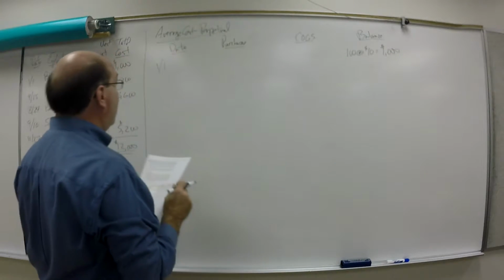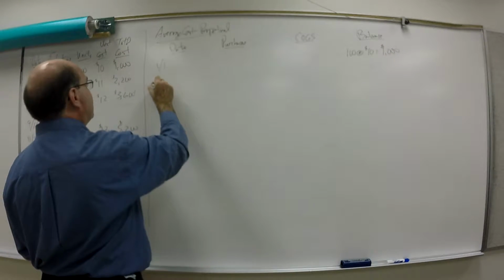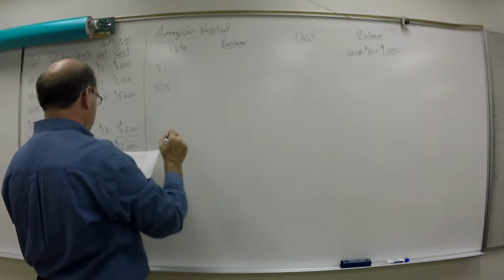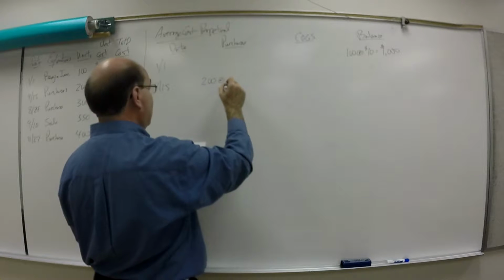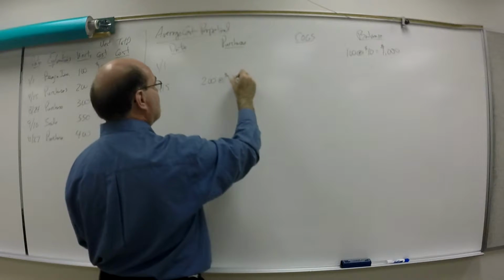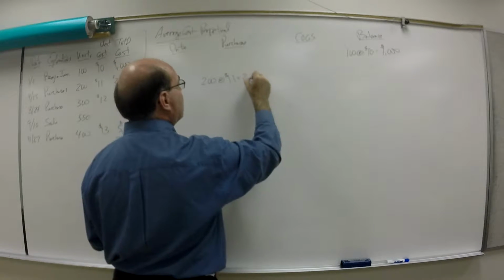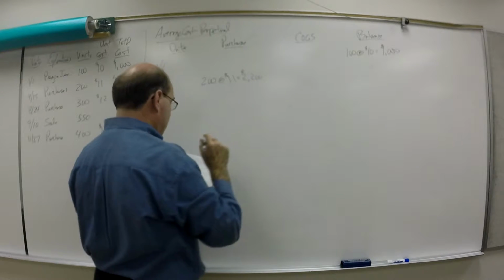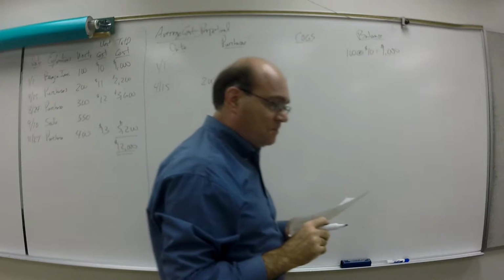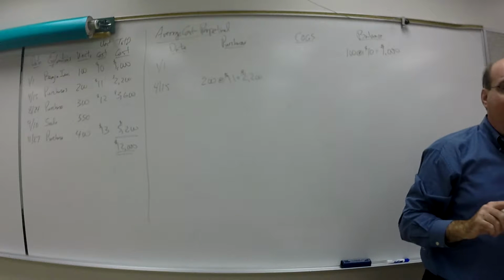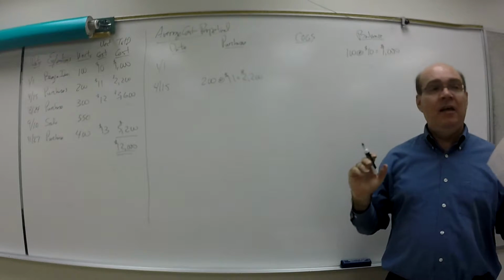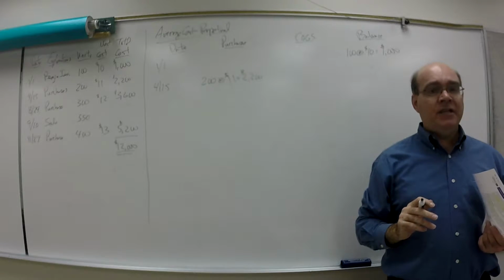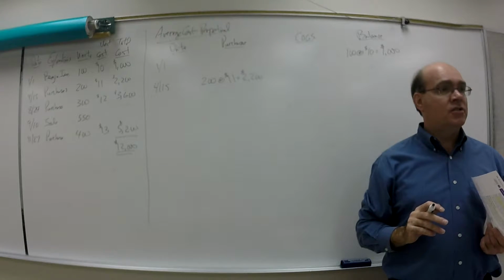Then we went through on April 15th and we purchased 200 units at $11. And that's $2,200. Now, here's where it gets a little strange. On the average cost method, every time you buy inventory, you have to calculate a new average cost.